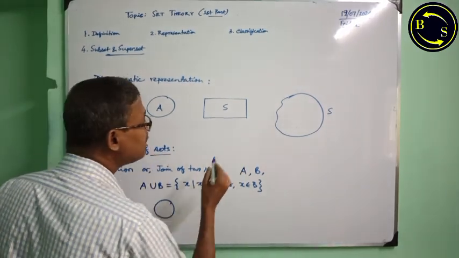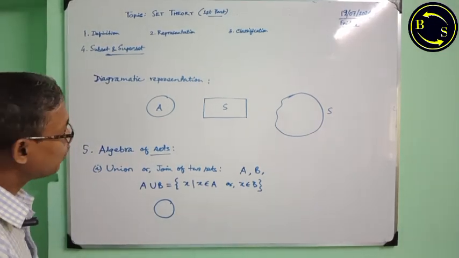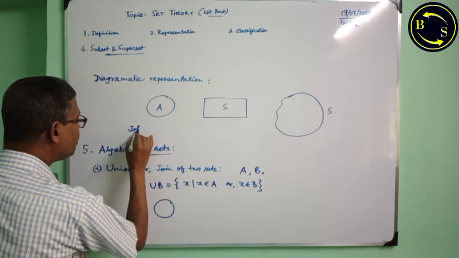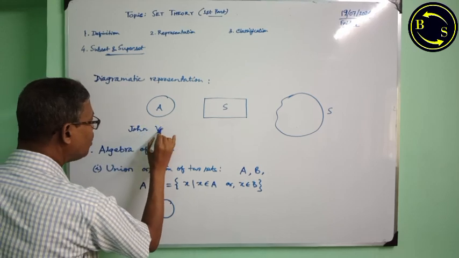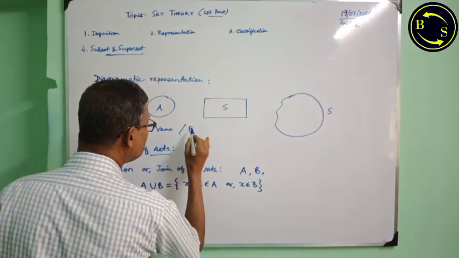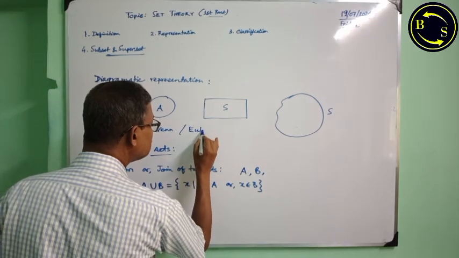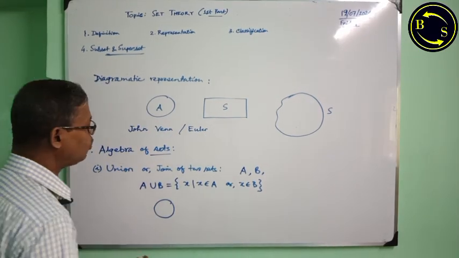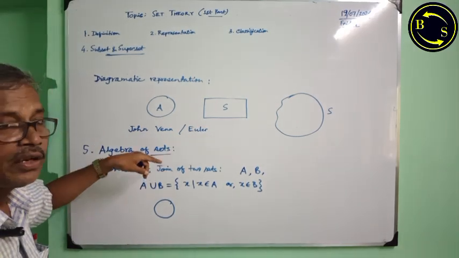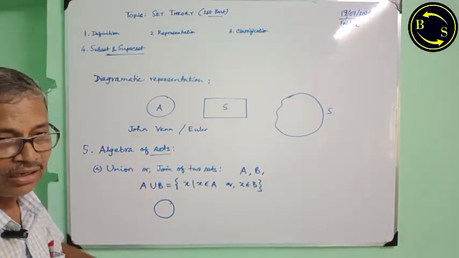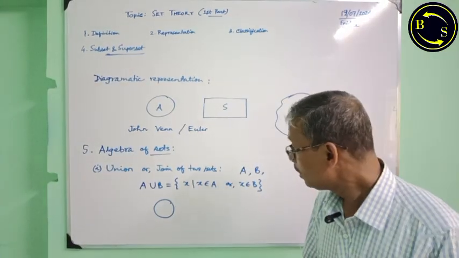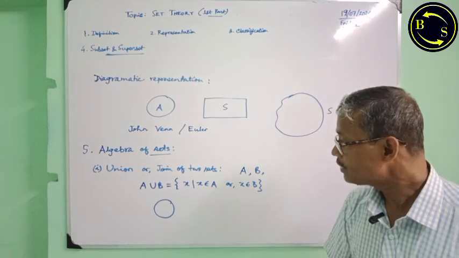These diagrams were used by John Venn and also by the mathematician Euler. That is why we call these diagrams Venn diagrams or Venn-Euler diagrams. Popularly, they are known as Venn diagrams. Now, union of two sets.